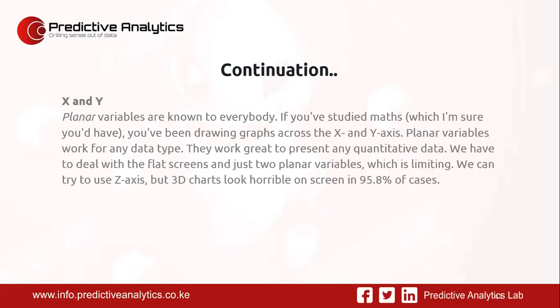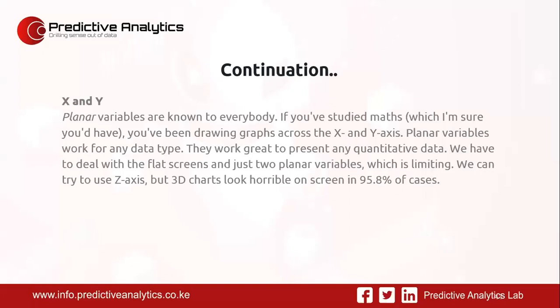Planar variables work for any data type. They work great to present any quantitative data. We have to deal with our flat screens and just two planar variables, which is limiting. We can try to use the z-axis, but 3D charts look horrible on screen. So we can see that when you're using flat screens, you're only limited to the X and Y. So we try to introduce what you call the z-axis.